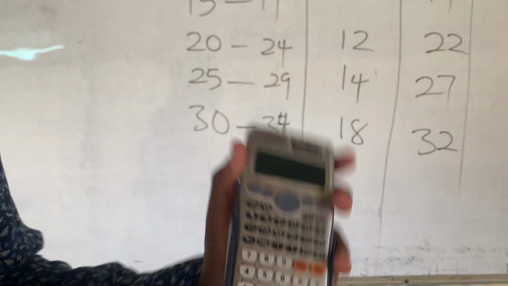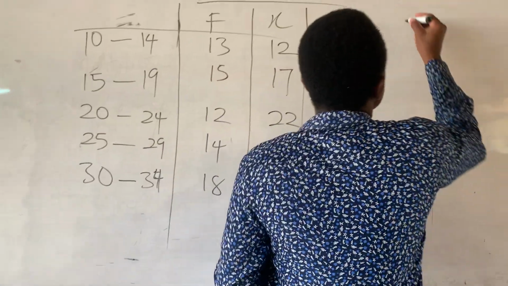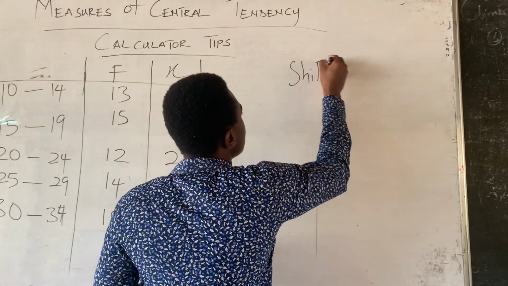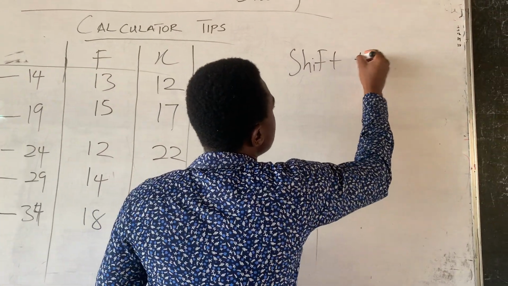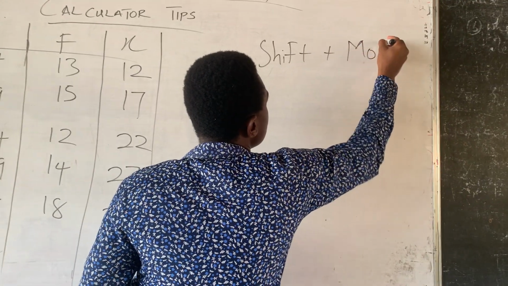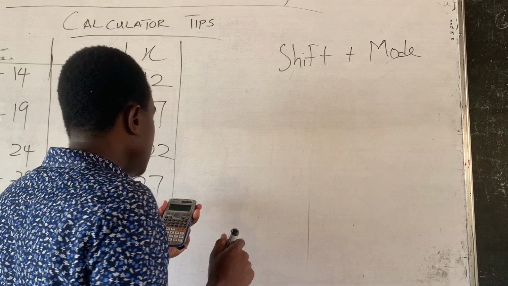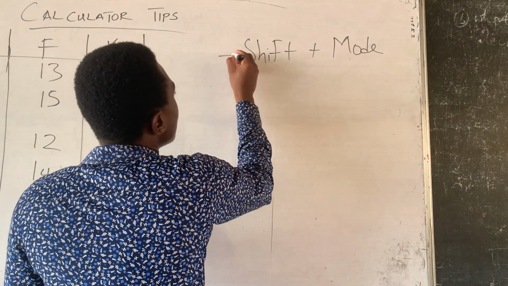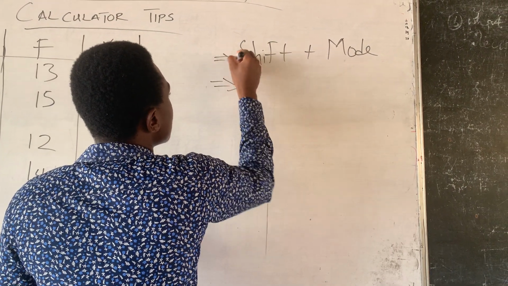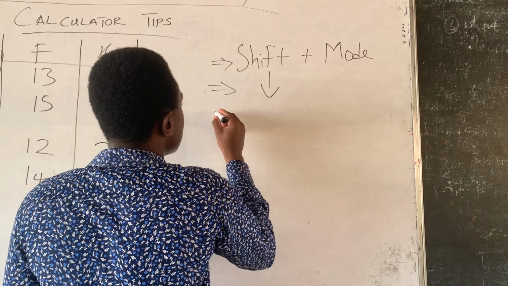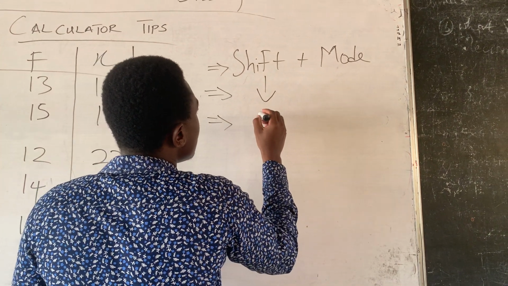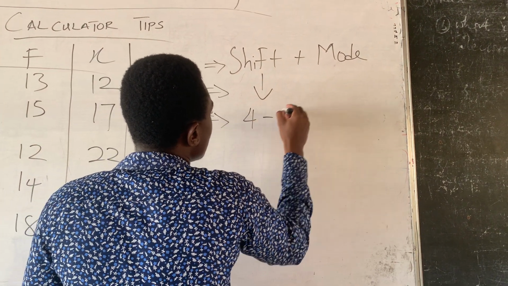So what we did was to press shift followed by mode. Then we used the down arrow, and then we selected 4, which was start.